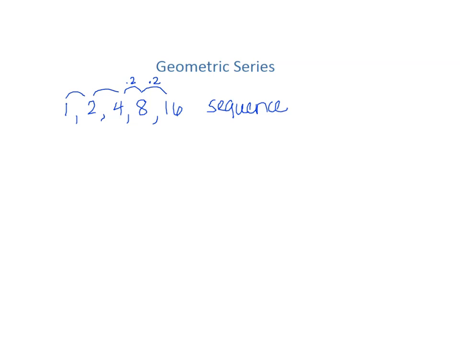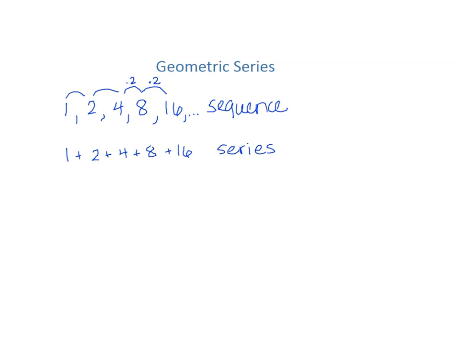Of course this continues. If I want to know the sum of, say, the first 5 terms in the sequence, then I would be looking at something like this. This is a geometric series.